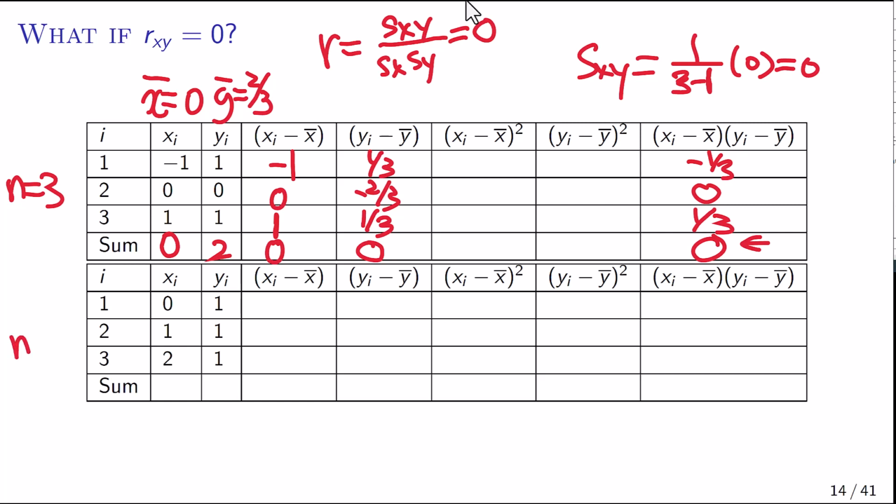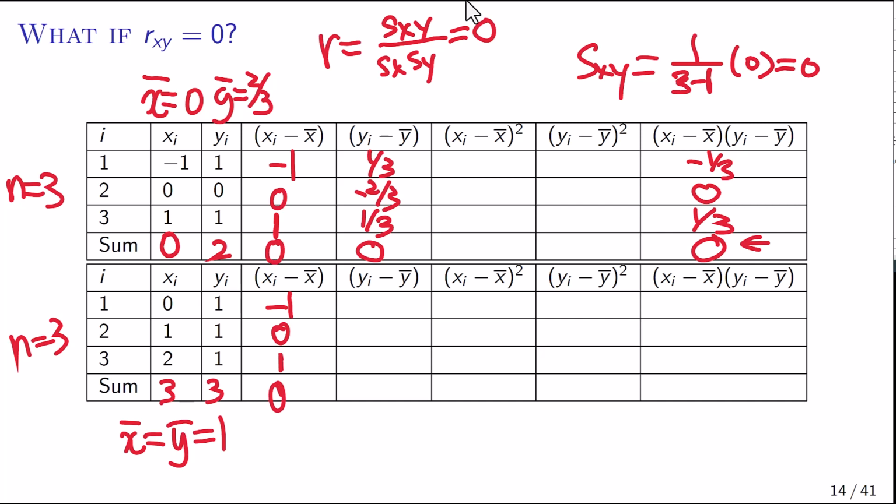N equals 3 also. For the second one, you can see x equals 0, 1, 2, and the sum is 3. y equals what? The sum is 3 also. And then x bar is the same as y bar, which is 1, okay? Then we just do the same thing here. xi minus x bar is -1, 0, 1, so this is 0.